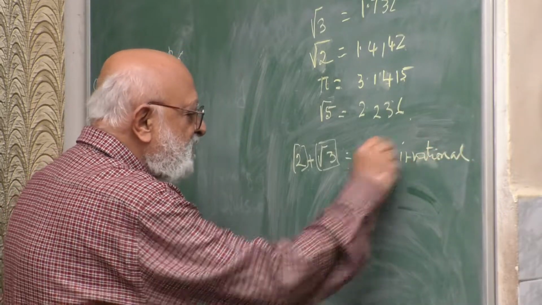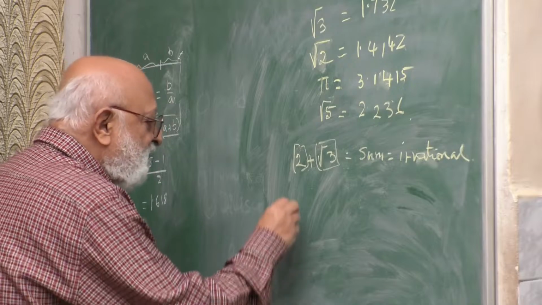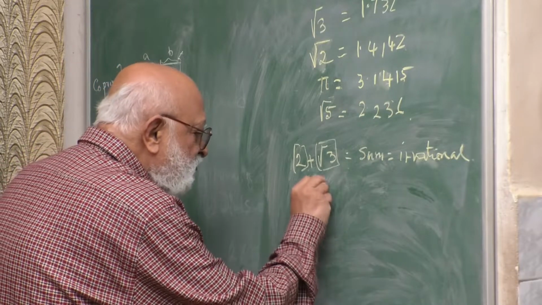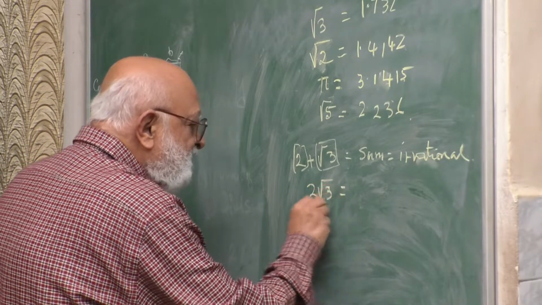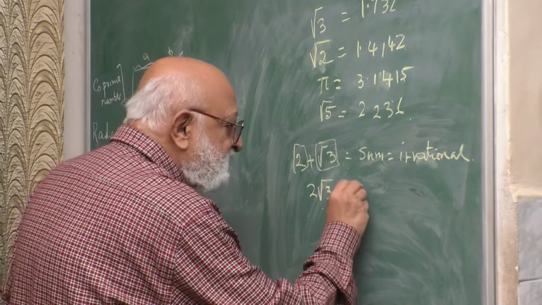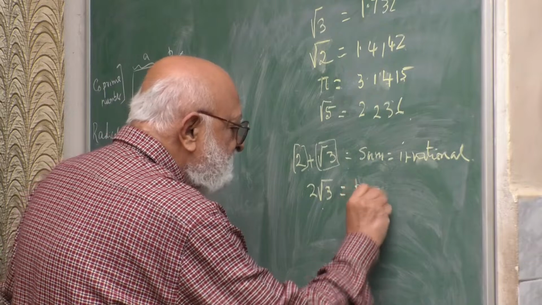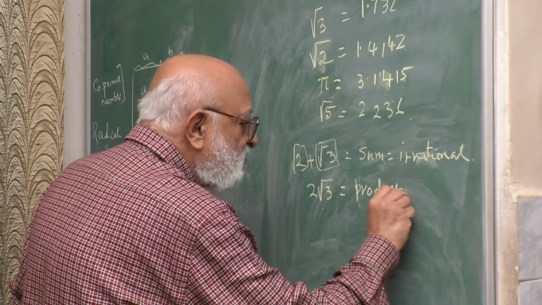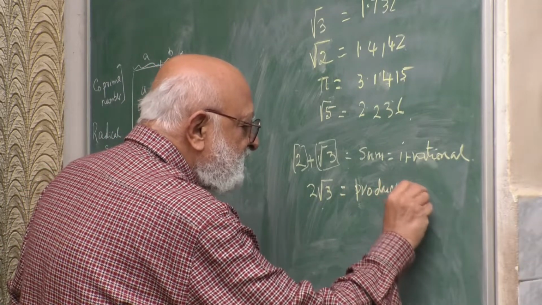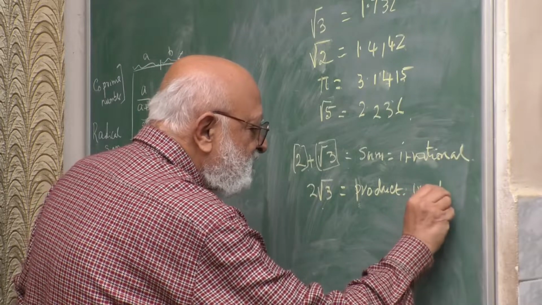The sum will be irrational. Similarly, if I take 2 into root 3, that will also be irrational. So this is a product. This product will be irrational.